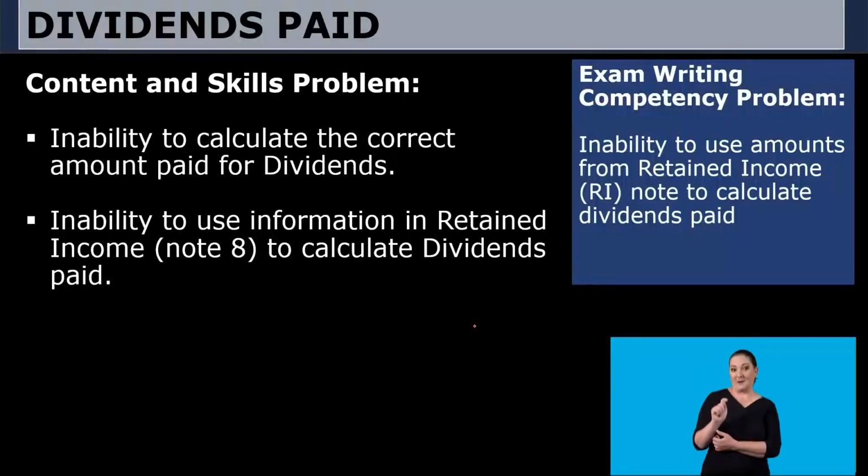Welcome back, dear learners. We are now going to look at dividends paid. Some of the challenges that you may find are the inability to calculate the correct amount that has been paid for dividends, or the inability to use information in the retained income note to calculate the dividends paid. At times you may be given the number of shares and you must calculate dividends, but at times some of the figures are already given to you in your retained income note.